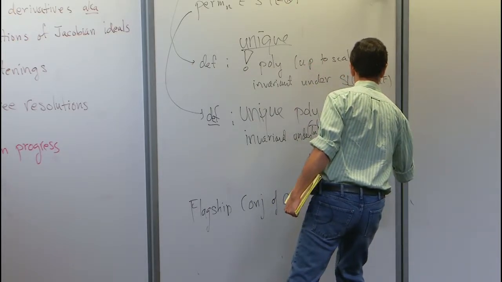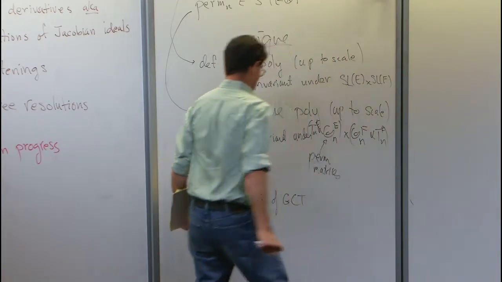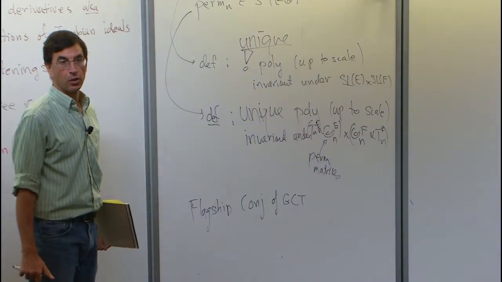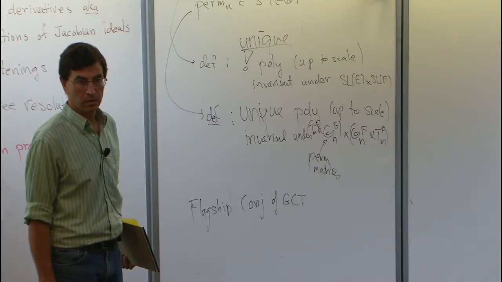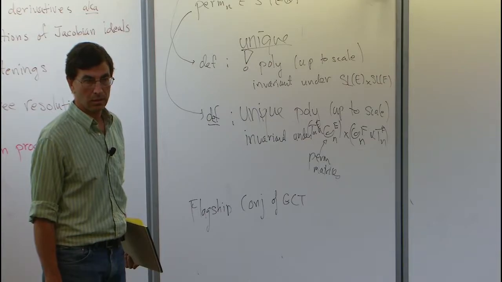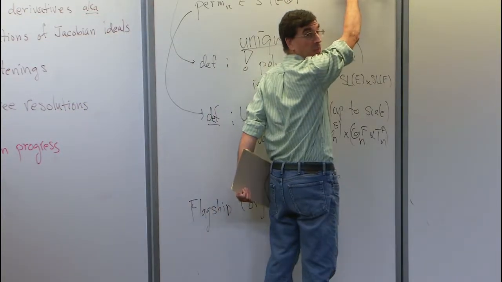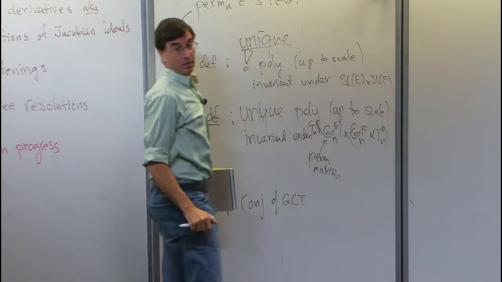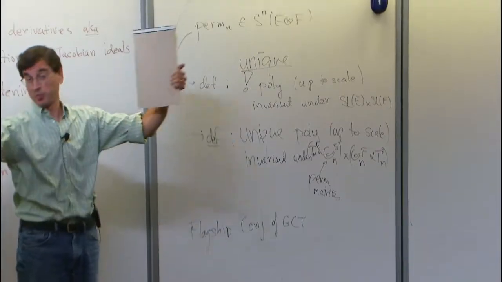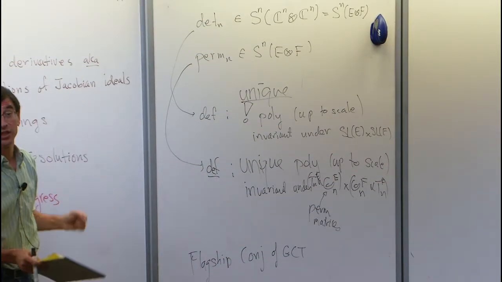So these are the diagonal matrices, or if you like, the normalizer of the torus. When the determinant is invariant under that group, then its square will also be invariant under that group. But it's a unique polynomial in this vector space that is invariant under that group. There are many polynomials in different spaces invariant under that group with different representations.